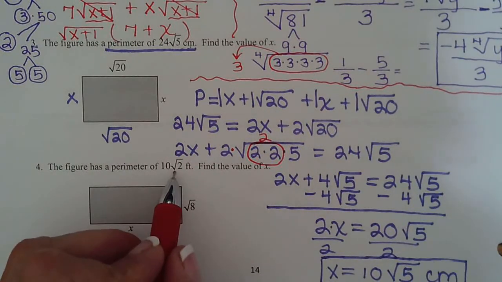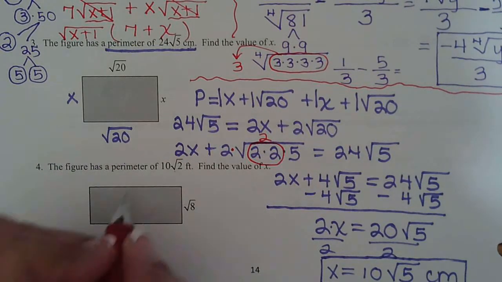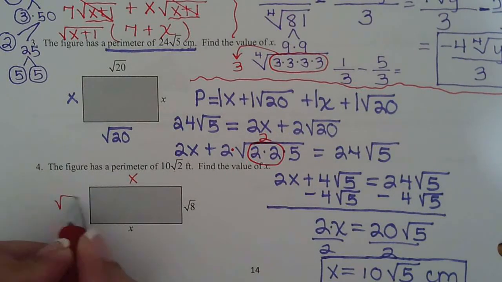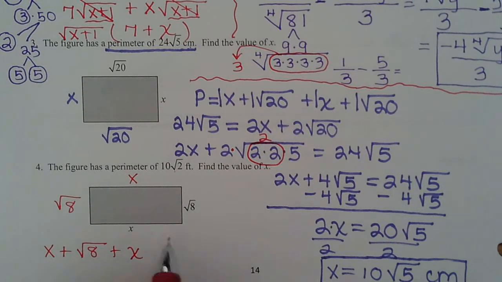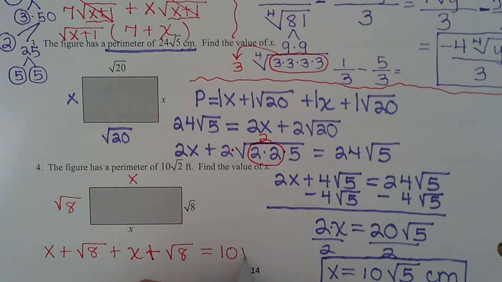Okay, so this one gives us the perimeter is 10 radical 2. So we know to add all the sides, because perimeter's all the way around. It's not multiplication, it's adding all the sides. So we would have x plus radical 8 plus x plus radical 8, equals 10 radical 2.